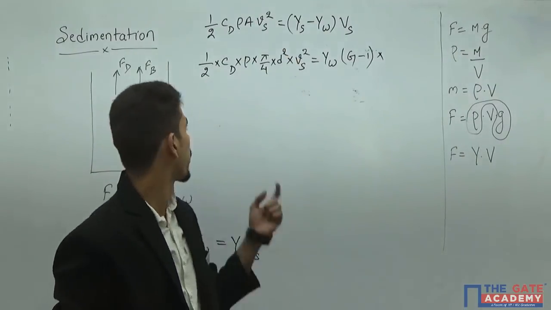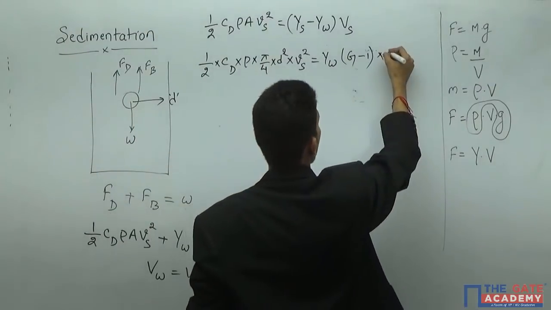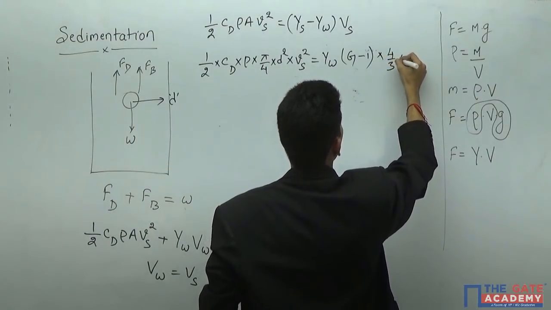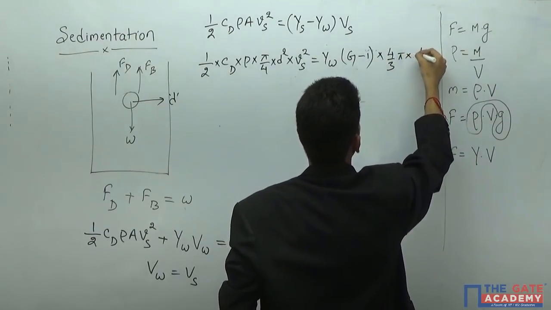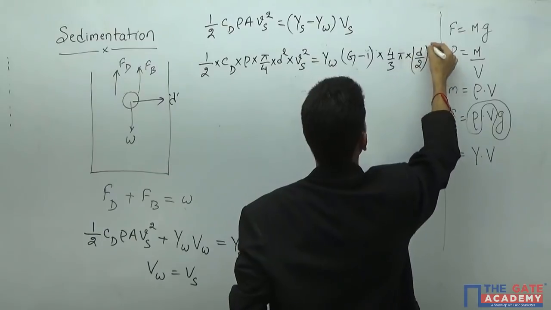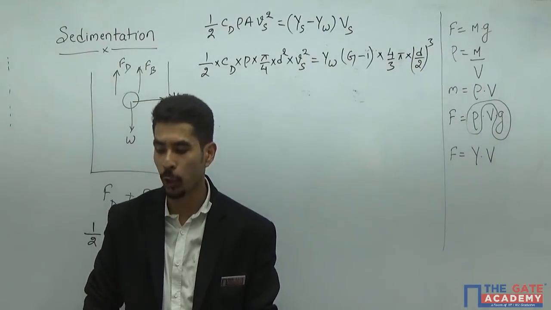The particle is a sphere, so the volume of a sphere is 4 by 3 pi into d by 2 whole cube.